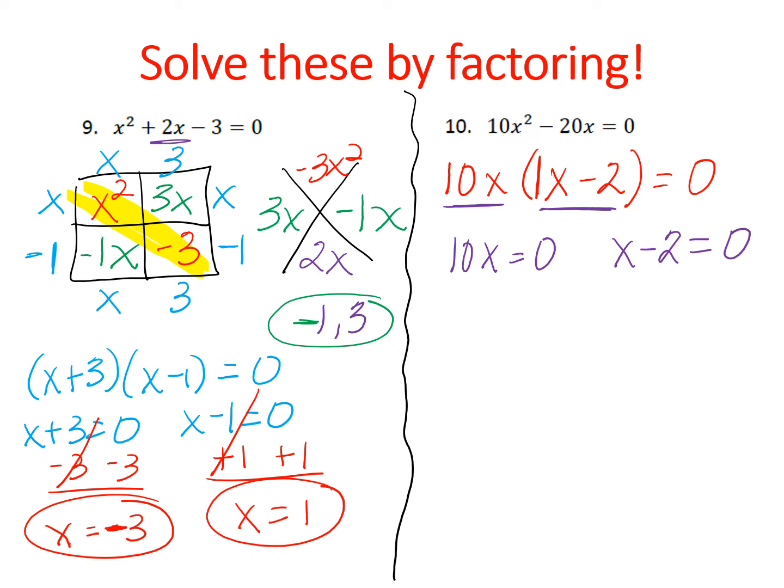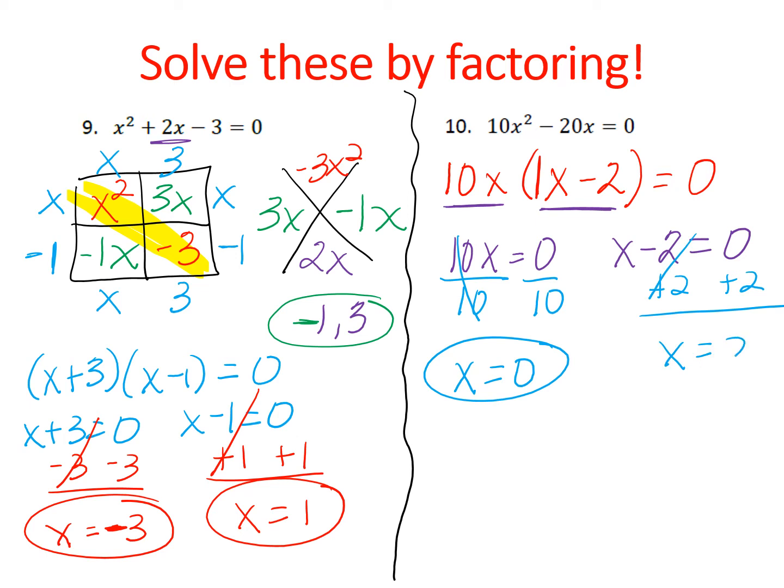Then to get x by itself, this is 10 times x, so we do the opposite, which is divide. If I have $0 and I split it between 10 people, we still have nothing. Over here, we're doing the opposite of subtract 2, which would be add 2. So I get x equals +2. And again, these 2, we could not solve them using our techniques for linear functions. We have to use factoring.